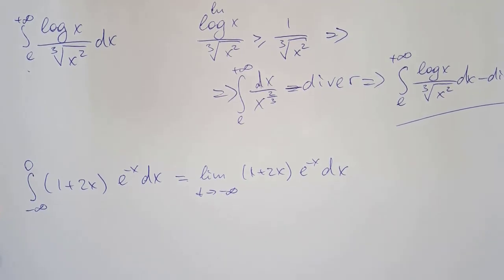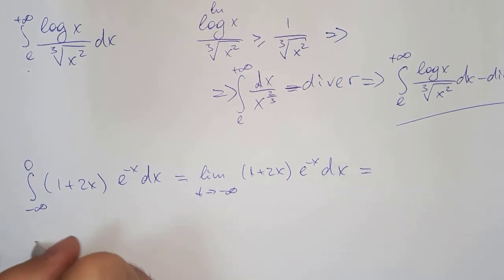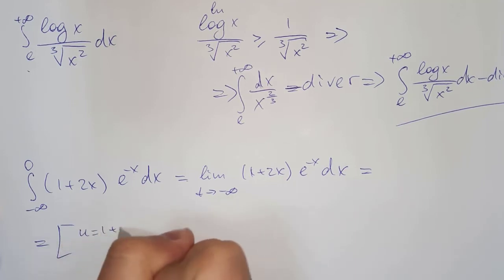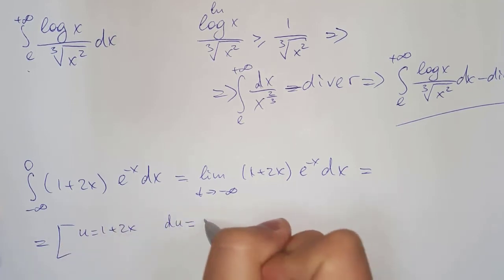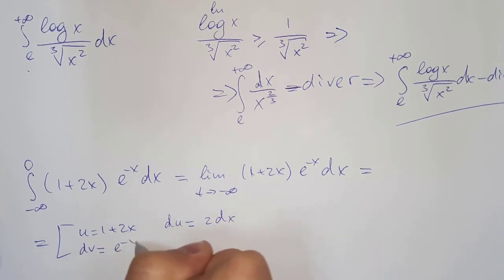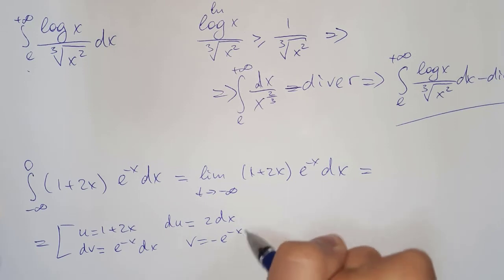Now we can easily find our integral, using integration by parts. Let's denote u as 1 plus 2x, then du is 2 dx, and dv is e to the power of minus x dx, then v is minus e to the power of minus x.